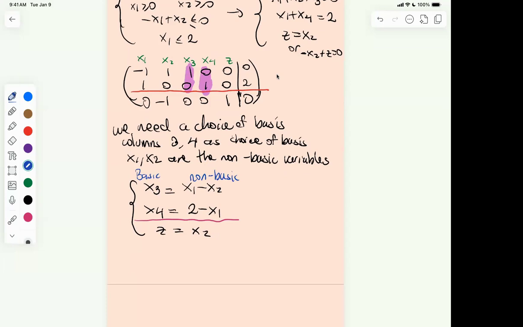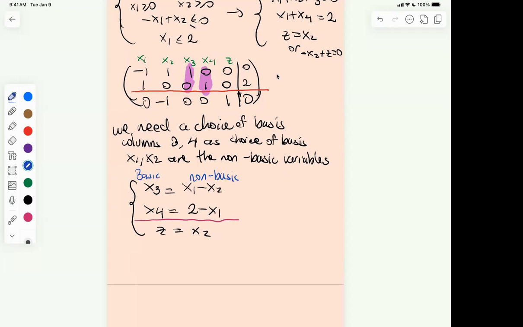There's only one equation in which x2 appears, so the only way to increase x2 here is from the first equation.